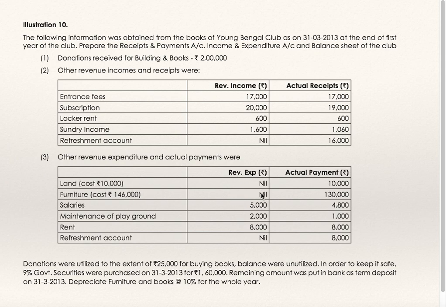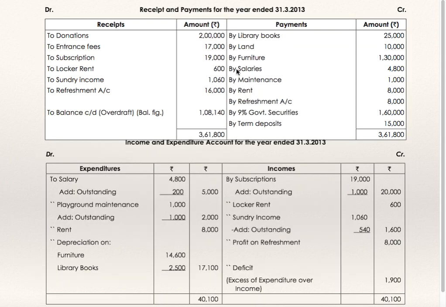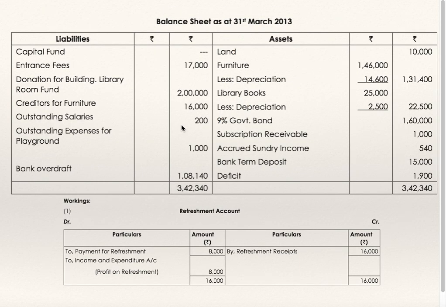Furniture revenue expenditure nil. Actual payment is 1,30,000 but furniture cost is 1,46,000. That means they have purchased furniture worth 1,46,000 and paid only 1,30,000. The balance is outstanding, which will be shown on the liabilities side. Payment side buy furniture 1,30,000.